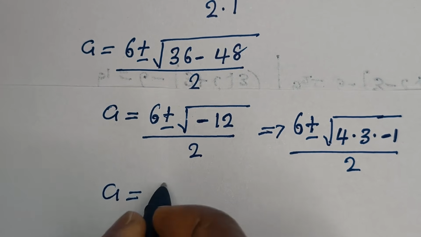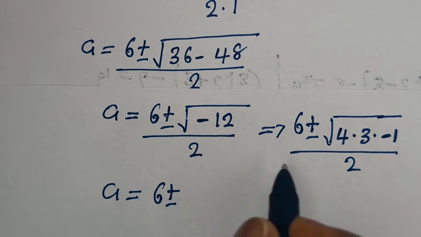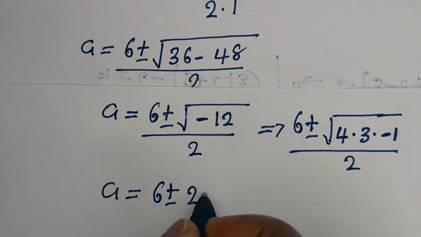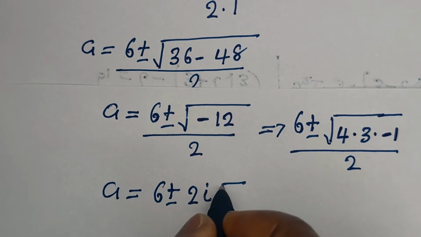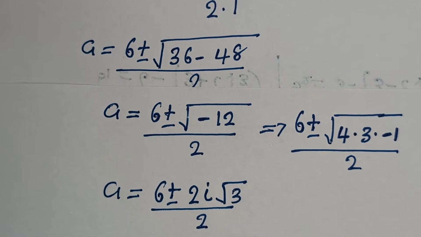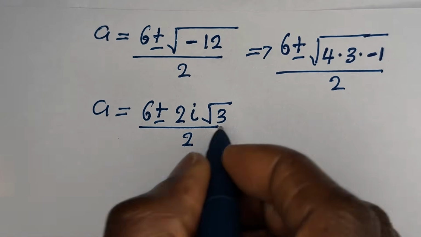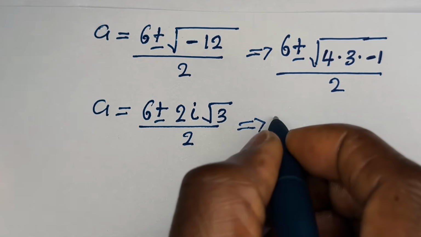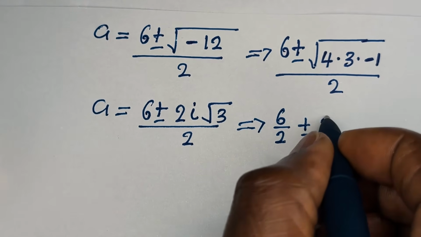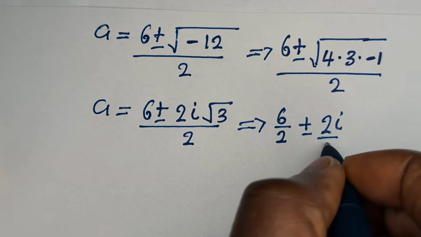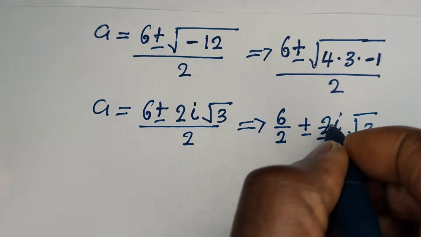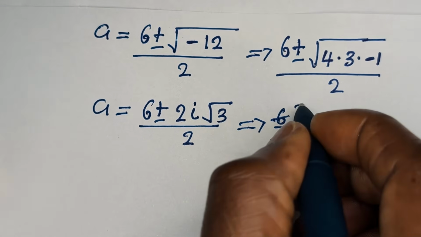A is equal to 6 plus or minus square root of 4, that is 2, square root of negative 1, that is I, then square root of 3 over 2. This is same thing as 6 over 2 plus or minus 2I over 2 root 3. These two cancel these two. 2 here 1, 2 here 3.